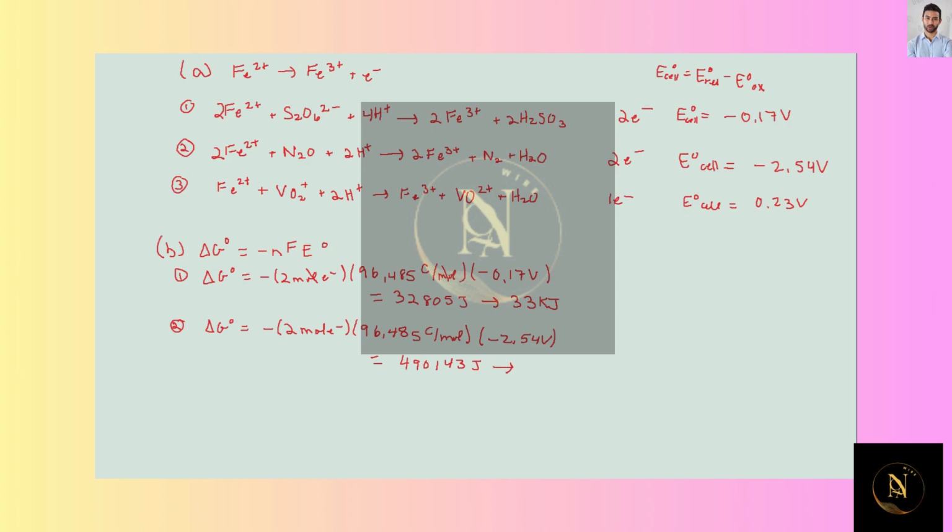Converted to kilojoules by dividing by 1,000, rounded to 2 significant figures, I get 490 kilojoules.